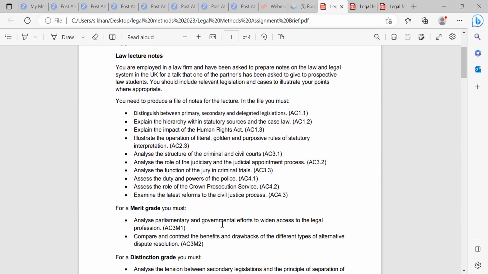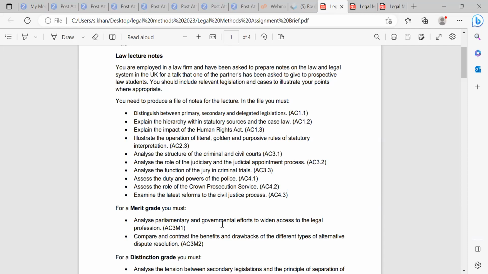And then you need to explain the hierarchy within statutory sources and case law, the impact of the Human Rights Act, literal, golden, purposive approach, the structure of the civil courts, analyse the role of the judiciary, analyse the function of juries in criminal trials, assess the duty and powers of the police, assess the role of the CPS, and examine the latest reforms. So that would get you a pass.